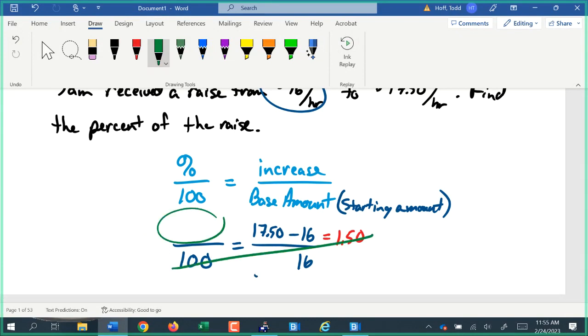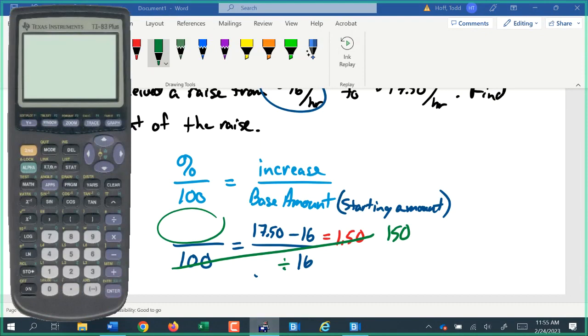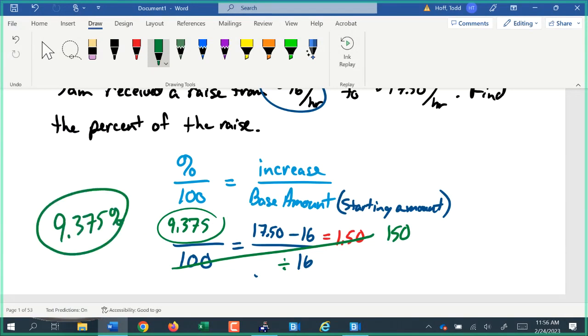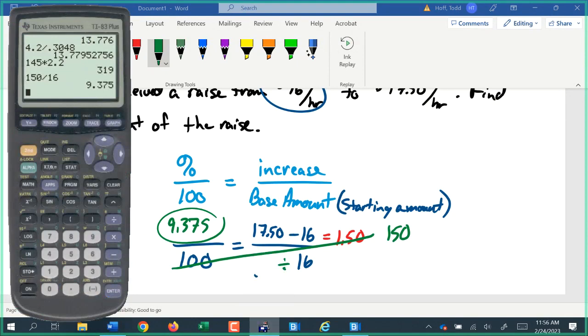That's going to be the 100 times the $1.50. That's 150 divided by the 16. This won't divide out nice and neatly for us, but we'll get a percent. 150 divided by 16 gives us 9.375. So that is a 9.375% raise.